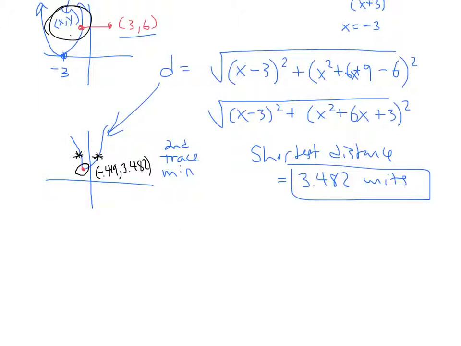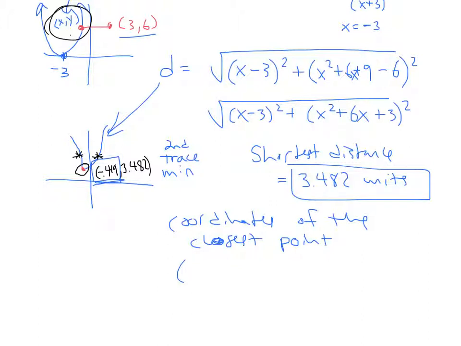So, coordinates of the closest point. The x-coordinate is the x-coordinate that we were given when we found the minimum, so negative 0.419.